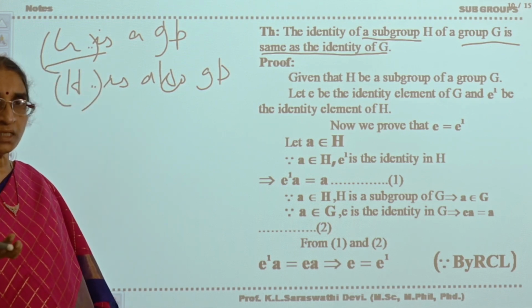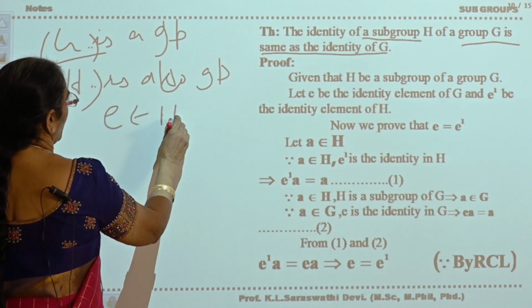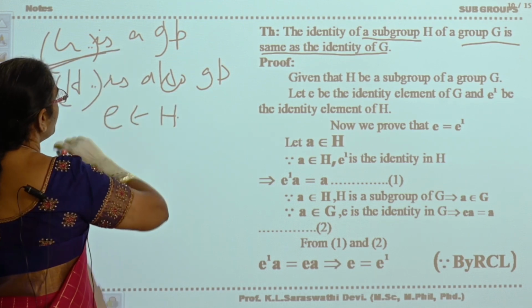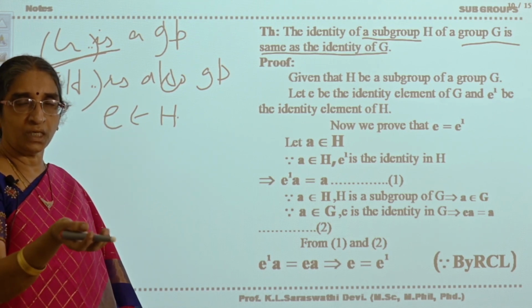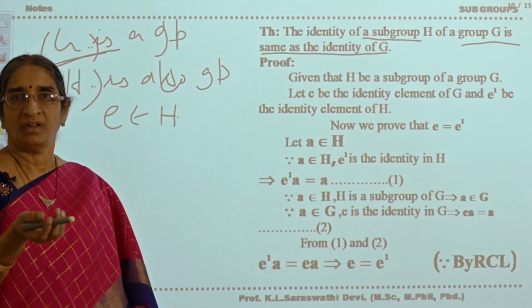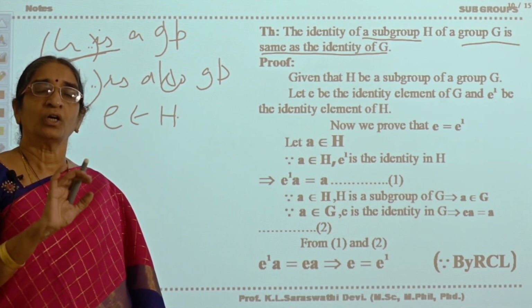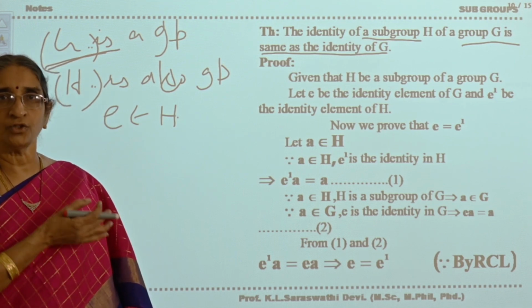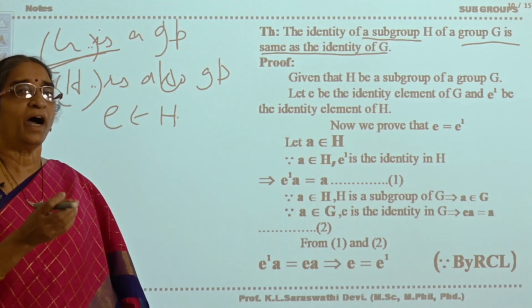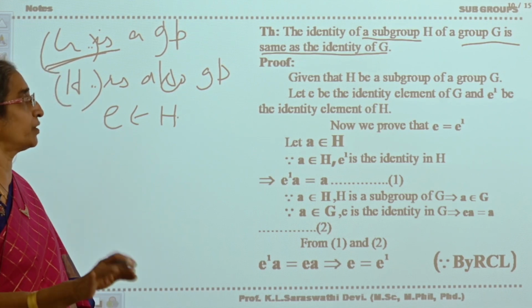Because H is a group, there exists an identity E belonging to H. H being a subset of G, E belongs to G. That E, which is the identity of H, will be the identity of G. That you are going to prove. Is it clear? The identity of the group and the subgroup are the same.